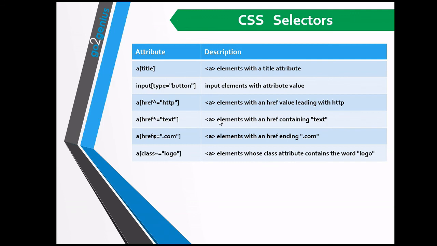And the next one, you can select all anchor elements with an href ending with .com, means when href has some value but the end of the value is .com. And the last one, select all anchor elements whose class attribute contains the word logo. Okay, so let's see this one in the code.